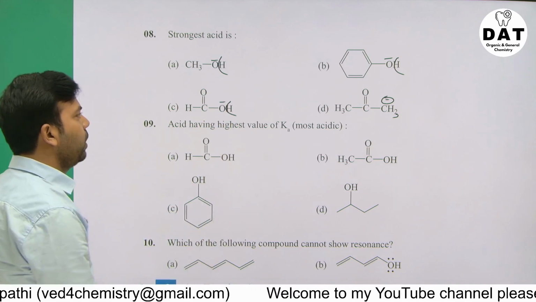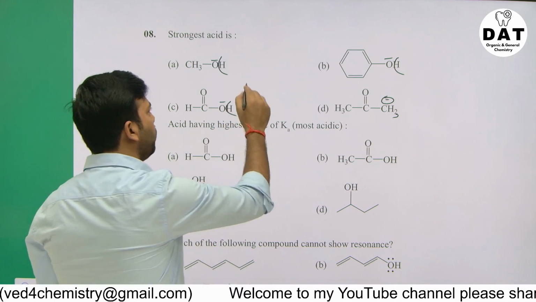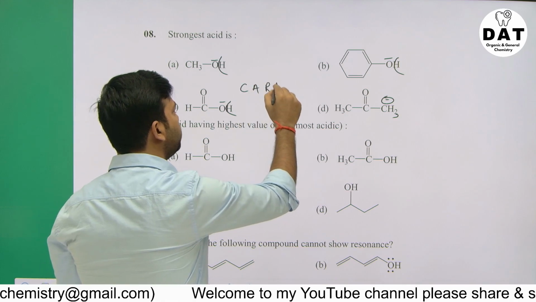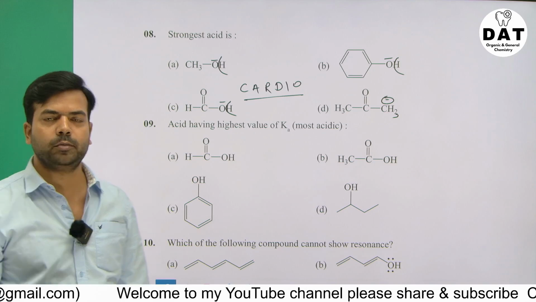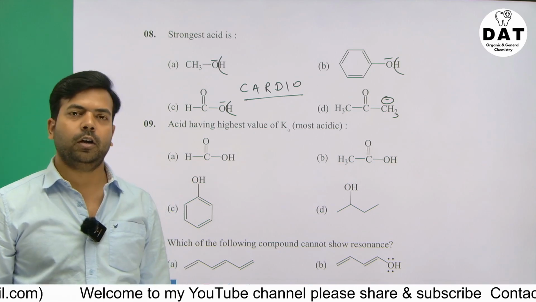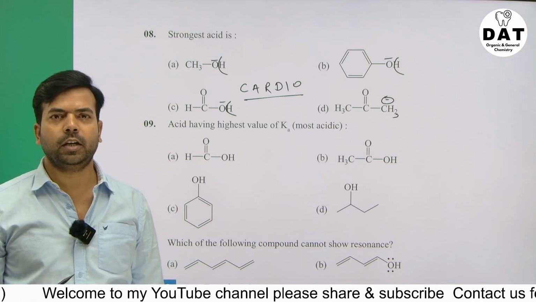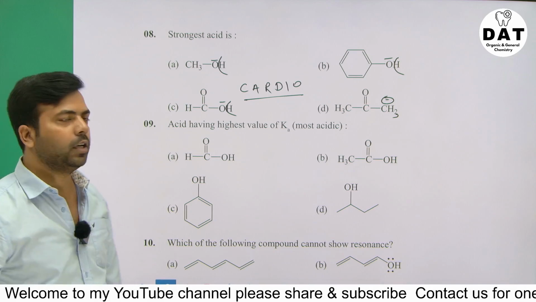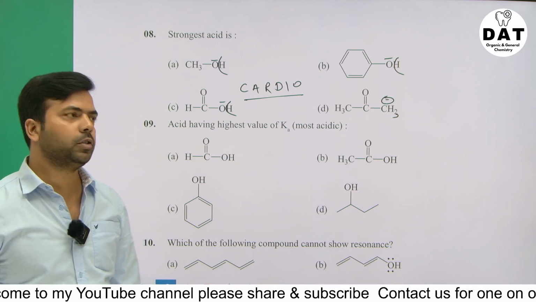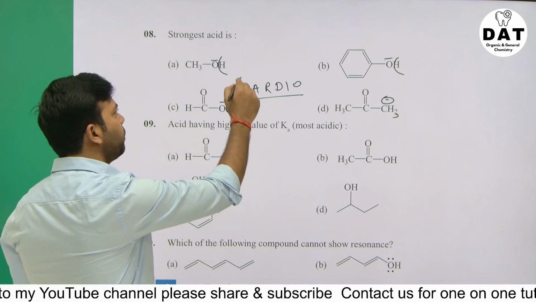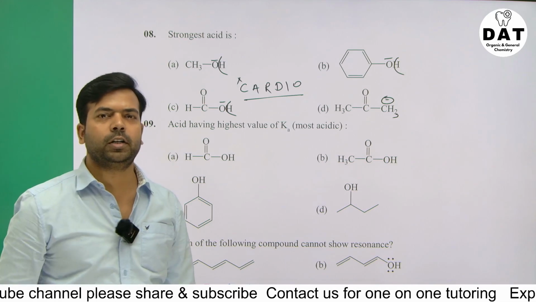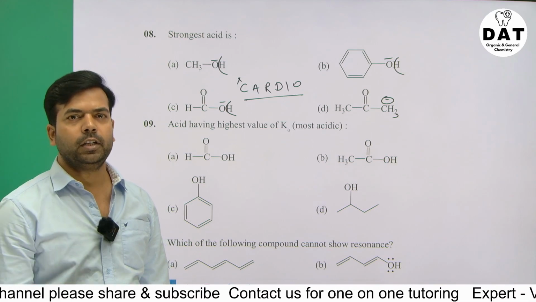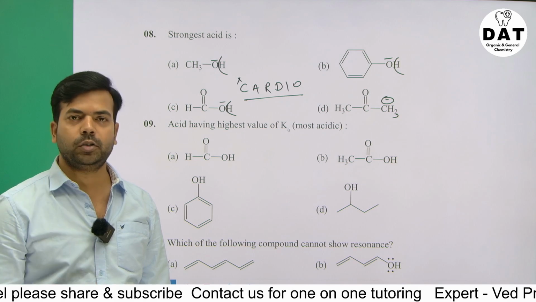Clear? So in CARIO, if you are going to apply, what is C? C stands for charge. Charge means positive is more acidic than neutral, and then negative charge. So here everyone is negative after deprotonation. So C fails here. Next is atom. Atom means if you are moving left to right in a periodic table, electronegativity increases and acidic strength also increases, okay?